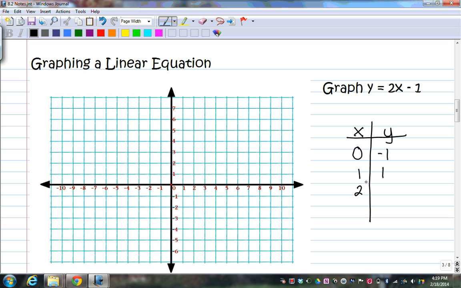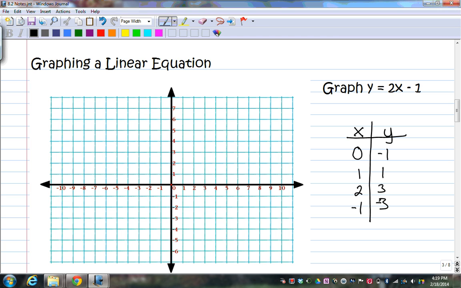If I put 2 in, then I would have 2 times 2 is 4 minus 1, and I have 3 for y. I'd like to put some negative values in here too, so I'm going to put a negative 1. And 2 times negative 1 would give me a negative 2. Minus 1 would give me a negative 3 for y.